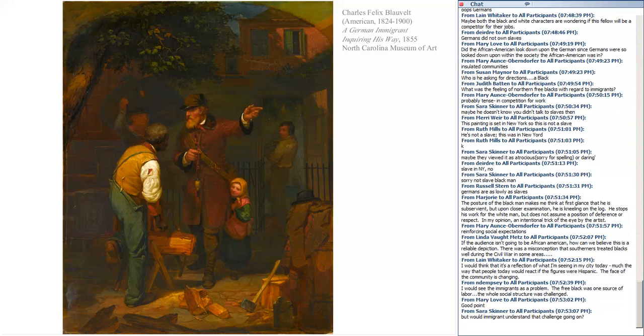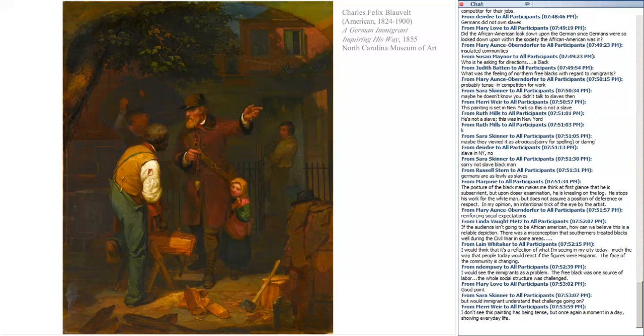I think he's going to be much more sympathetic to the German, and he's actually being a little bold in producing this painting in the midst of the nativist controversy that reaches its epicenter really in Manhattan in 1855. This is potentially an explosive picture.